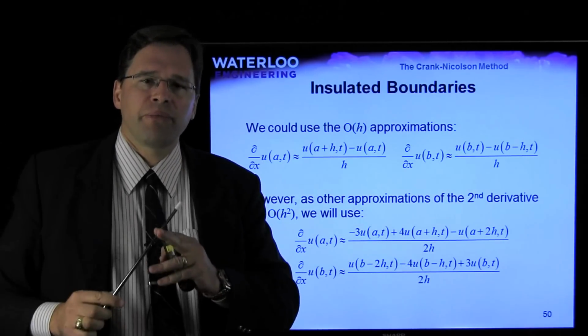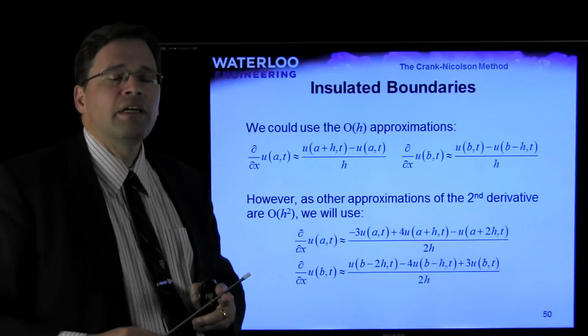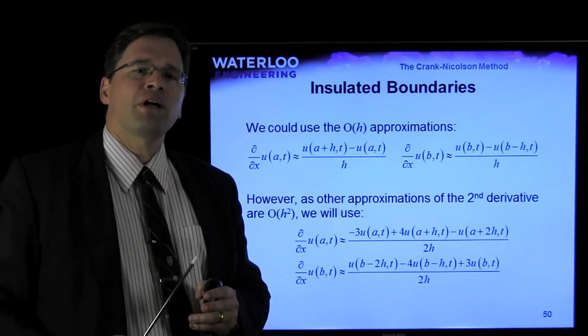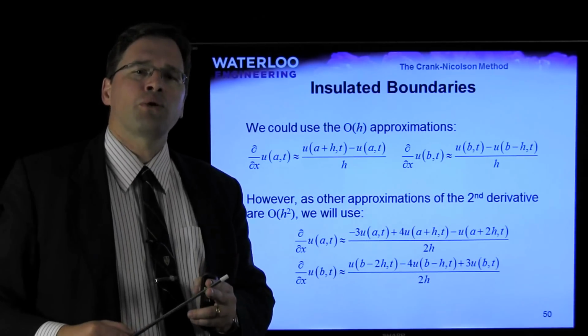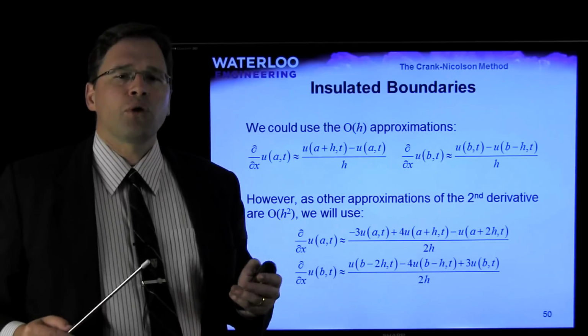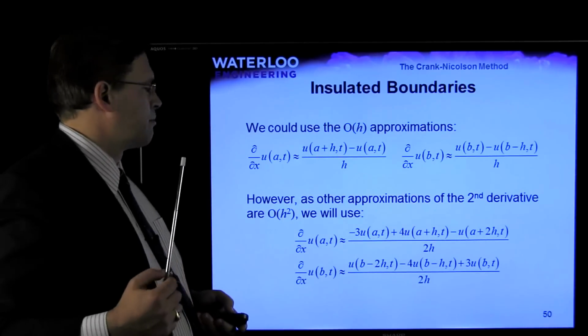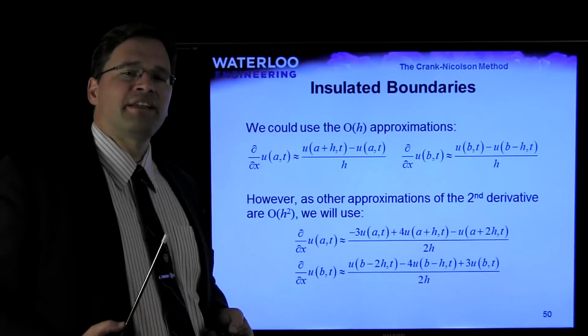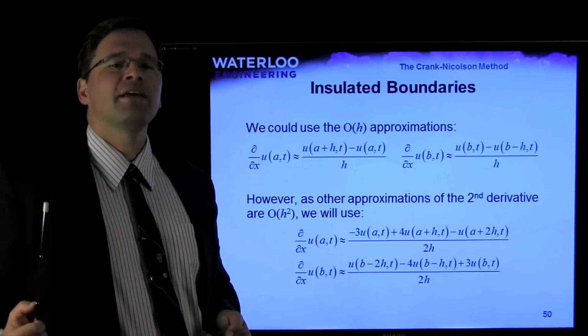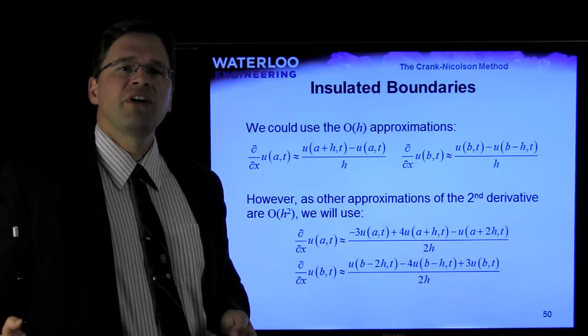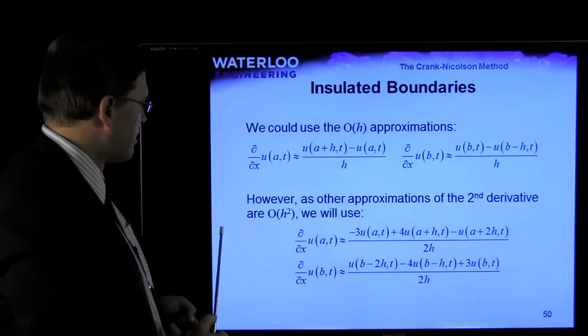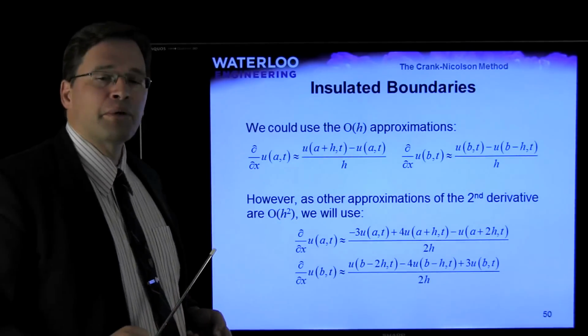However, these are order h methods, and when we were approximating the second derivative, we were using an order h squared method. So let's use both forward and backwards divided difference formulas for approximating the first derivative, but let's use the order h squared approximations.